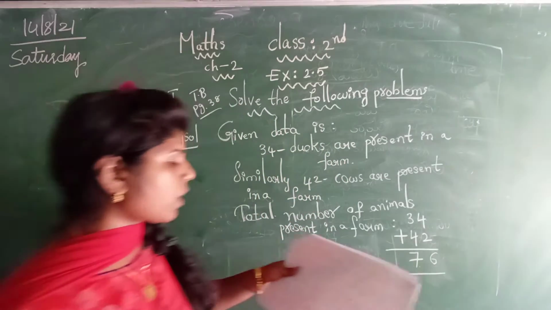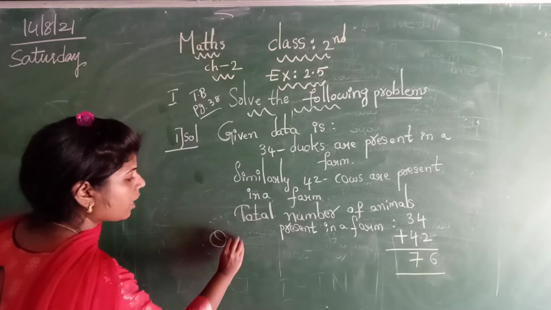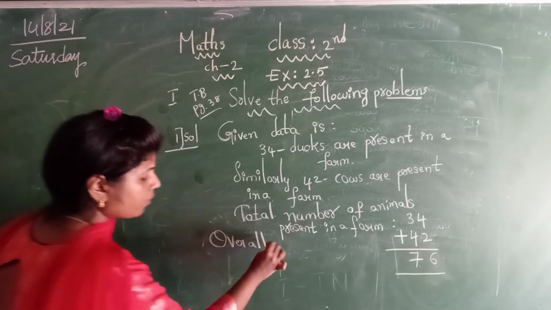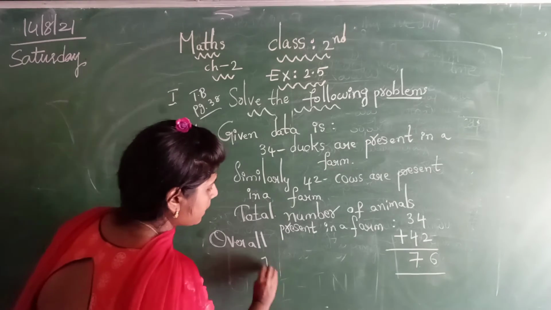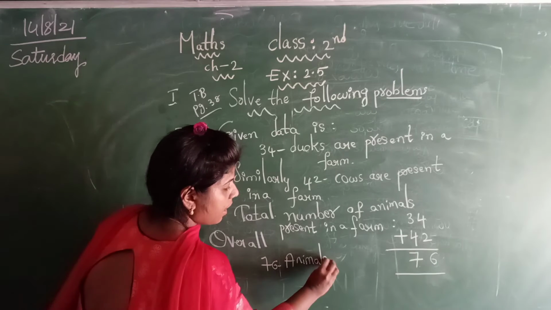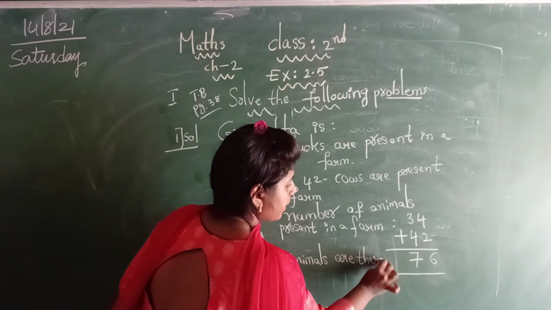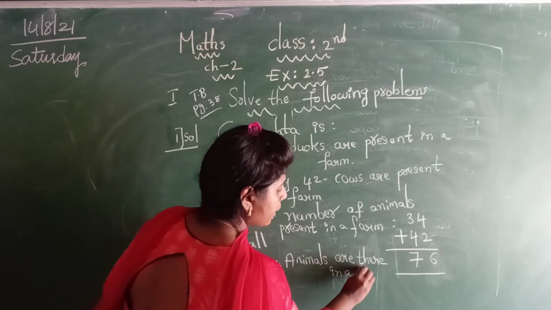So what is the answer we got? 76. So the final result is overall 76 animals are there in a farm.